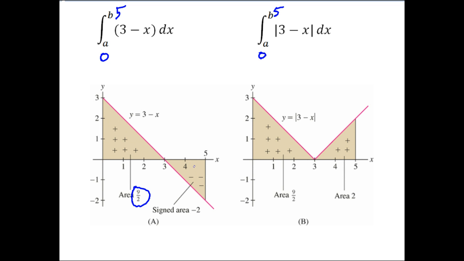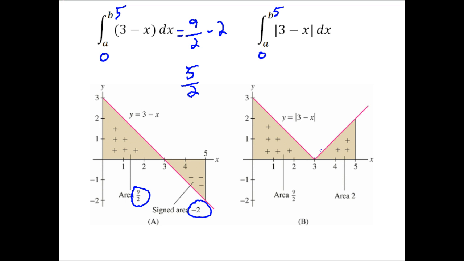And this triangle has a negatively signed area of -2, once again using geometry. So this integral from 0 to 5 is simply the sum of these two areas, 9/2 and -2. And so we can say that this definite integral, this function from 0 to 5, has a total overall area of 5/2.